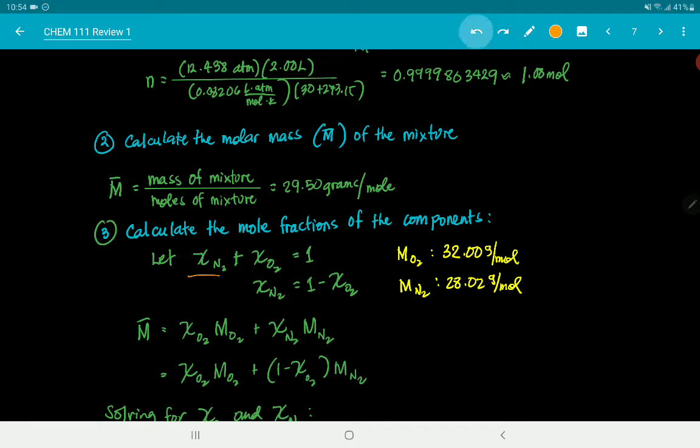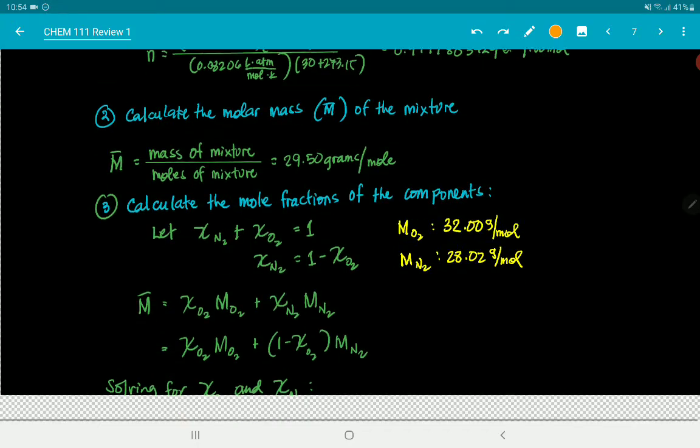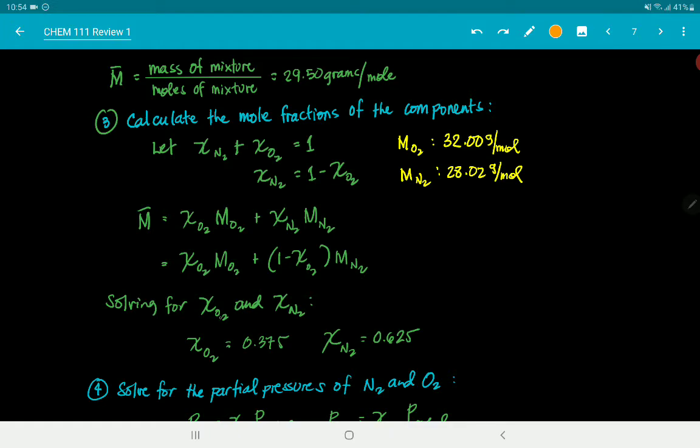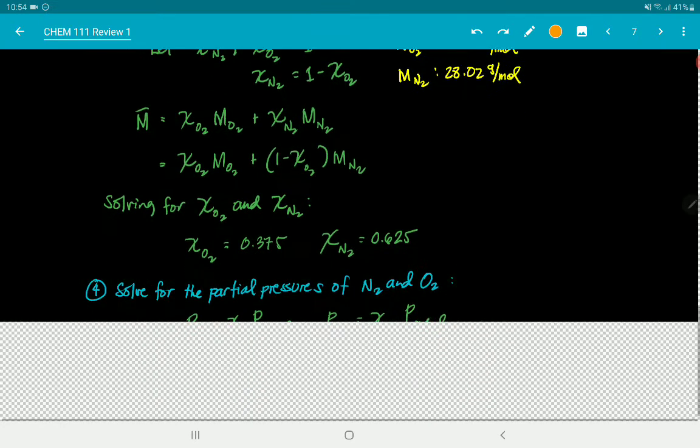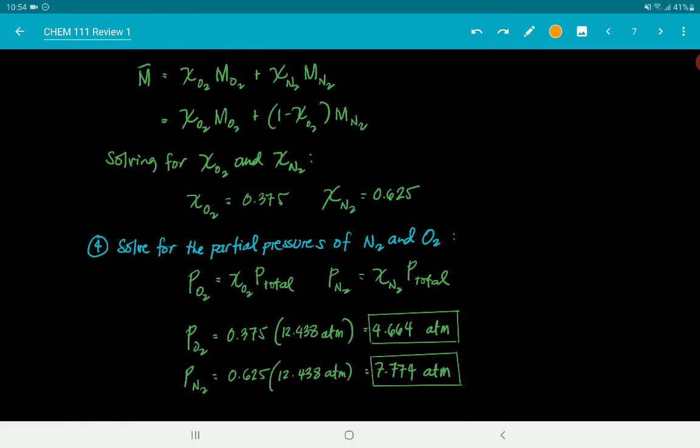So we'll just have to substitute the 1 minus mole fraction of O2 to the mole fraction of N2, so that we have one variable. So ito na yung ginamit nating equation after the substitution. So ang unknown na lang natin dyan ay yung mole fraction ng O2. So solving for the O2 and N2, the mole fraction of O2 is 0.375 and the mole fraction of N2 is 0.625.